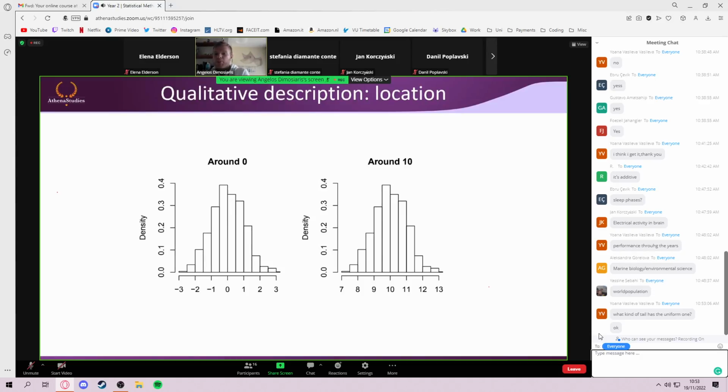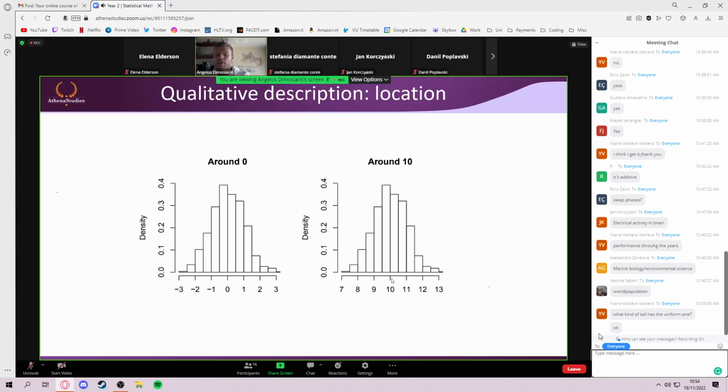All right, so first we talked about shape. Now let's talk about location. Here you can see exactly the same graph, but what changes is the location. Here, everything is around 0, and each step is 1: we have 1, 2, 3, -1, -2, -3.